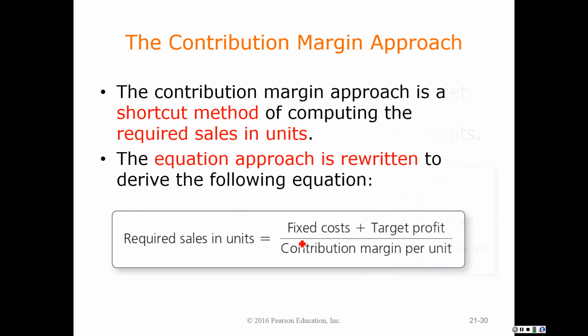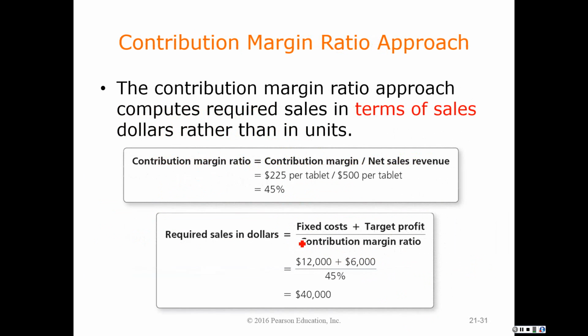But we can also do this in a formula when we don't have all of that information available as easily. It's simply called the contribution margin ratio approach. Like I mentioned, I'm trying to determine sales dollars instead of units. In the same process, we take our fixed cost and target profit.